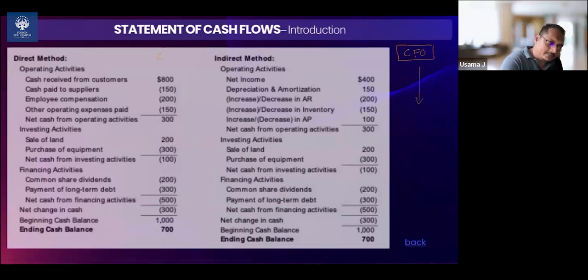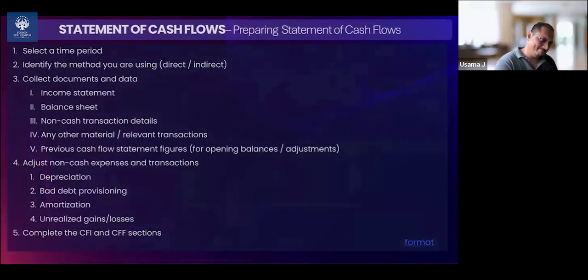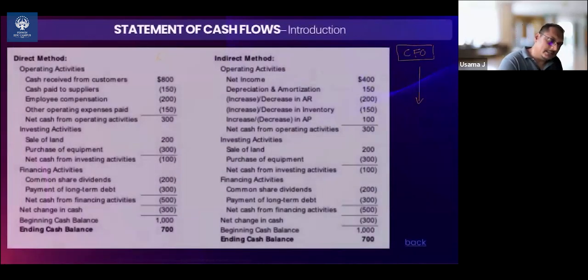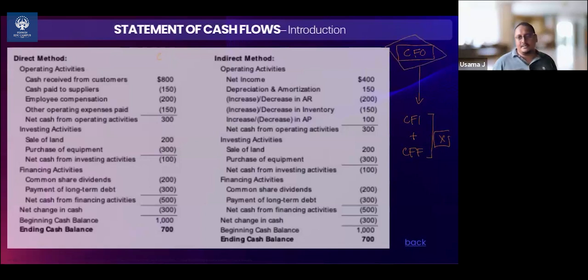Other elements, meaning cash flows from investing and cash flows from financing, are unaffected by the direct versus indirect methodology. No problem there. The only element which will be affected by this direct versus indirect presentation methodology is the cash flows from operations.